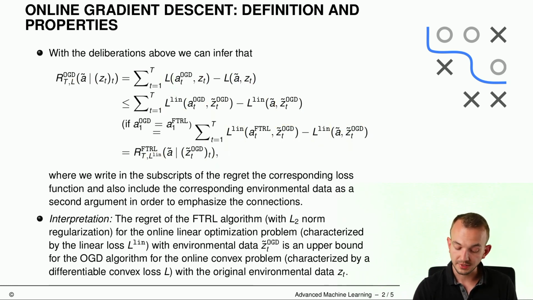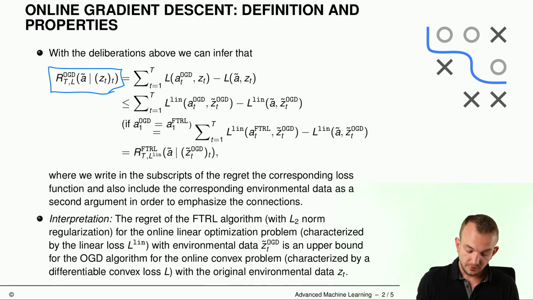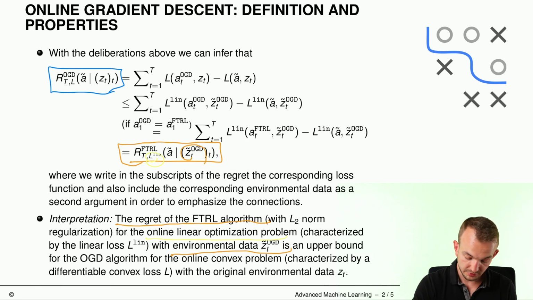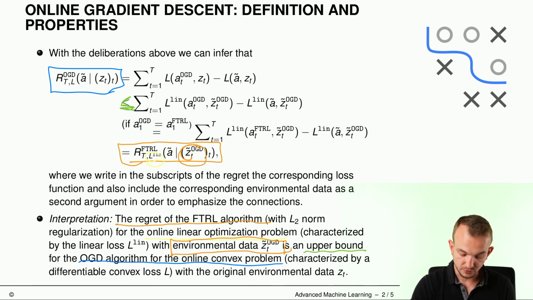So once again, just to make it very clear, we have that the regret of the follow the regularized leader algorithm with L2 norm regularization for an online linear optimization problem with the artificial environmental data points is an upper bound for the online gradient descent algorithm's regret for the original environmental data points.